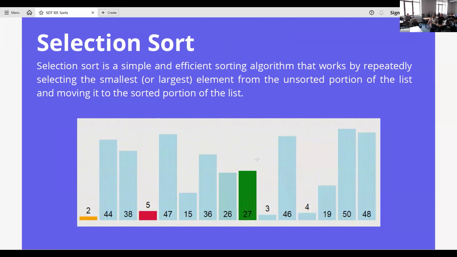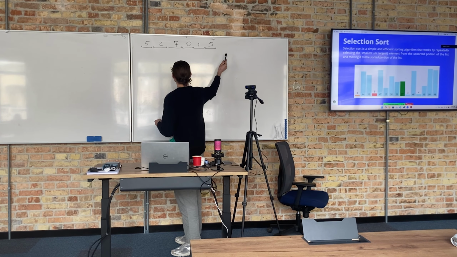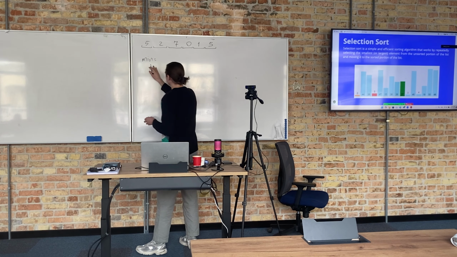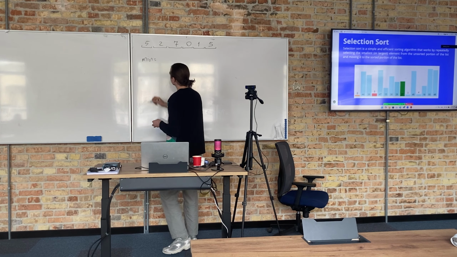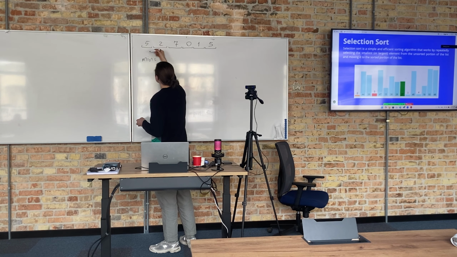In selection sort, our algorithm works in this way. We try to find the minimum element in our array. So we have some variable min, and we traverse our array and try to find the minimum element.